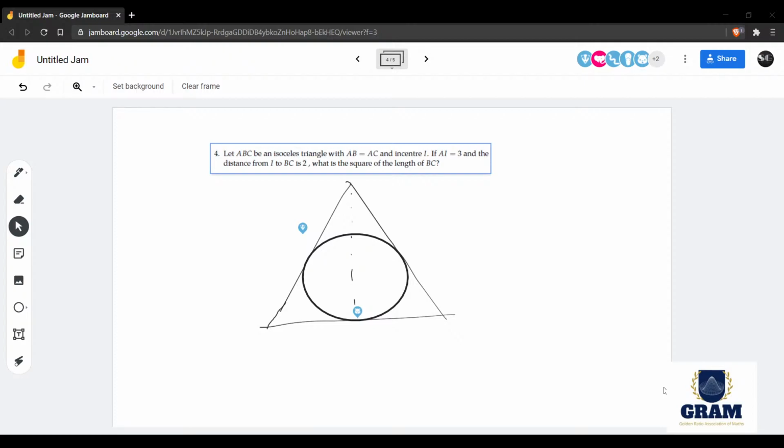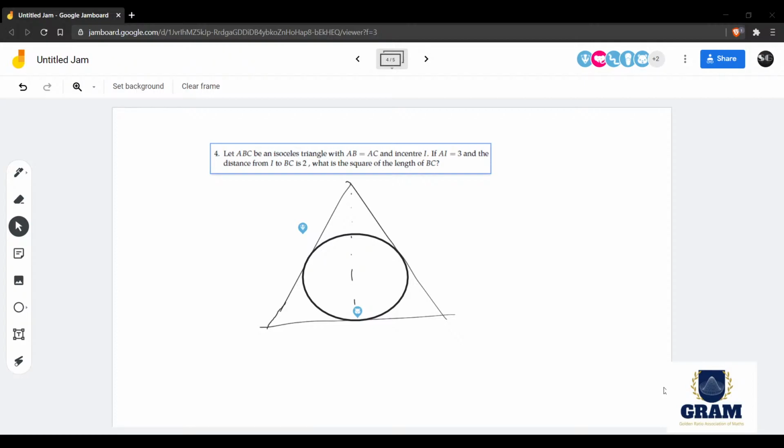So basically x squared plus 4 equals 9, and you get the length of AE. Let this point be F and let this point be E. So AF equals AE, which is root 5.